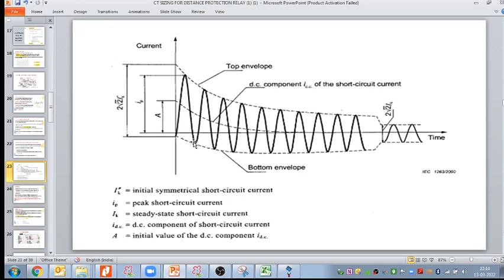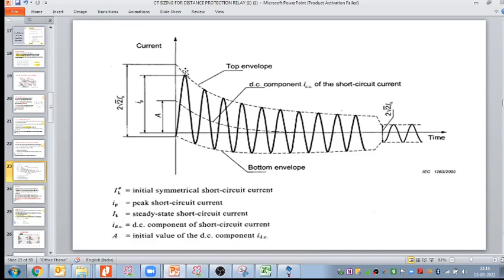Then you can see there is a sinusoidal AC component coming like that, and plus the fault current has one DC component, IDC of the short circuit, that you can see by this dotted line. So there are two components, AC plus DC, and we have the top envelope that you can see here, and we have the bottom envelope. The top and bottom envelopes give the amount of total fault current at that instant.